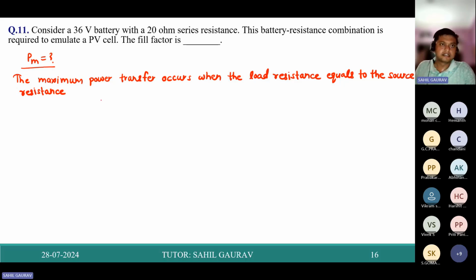So you can write R load equal to RS equal to 20 ohm.